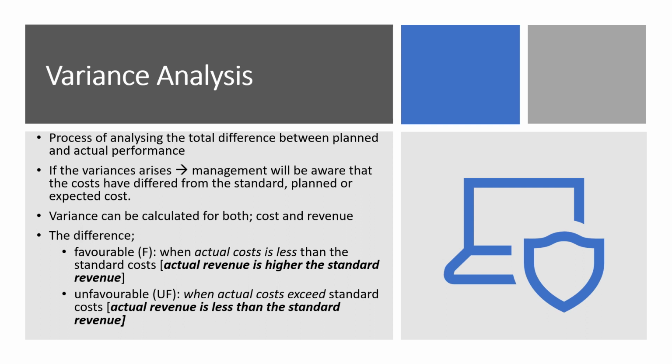The second is the unfavorable variance, which occurs when actual costs exceed standard costs, or alternatively, when actual revenue is less than the standard revenue. This indicates worse performance than expected.